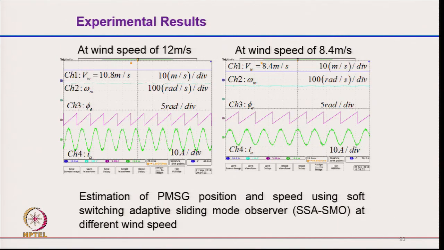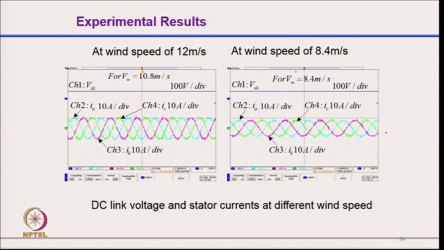So, this is the typical setup on which this algorithm is completely tested. These are the position, and the current corresponding to the generator for a varying wind speed of 12 meter per second and 8.4 meter per second. Estimated speed and estimated position for a given wind velocity, and then of course, the current of the PMSG.